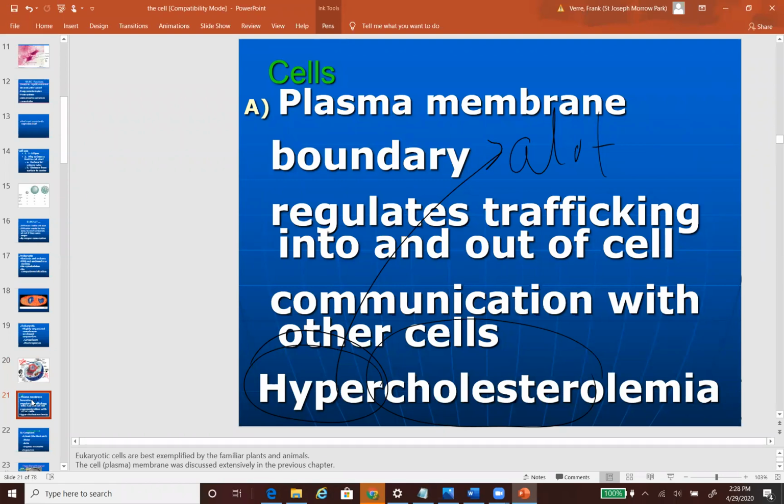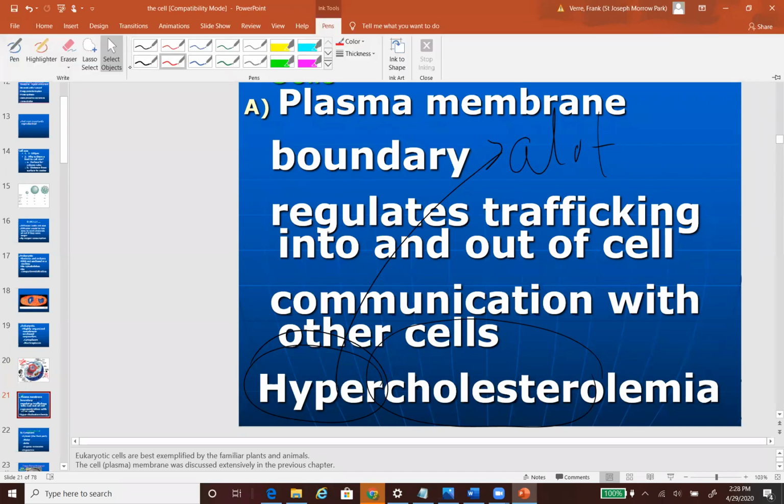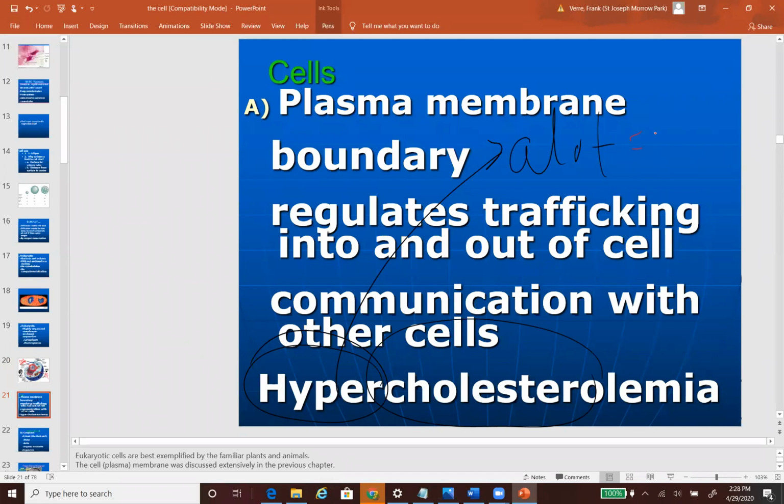And that's a problem because a lot of cholesterol is linked to heart disease and issues as such. So that's just an example, okay?